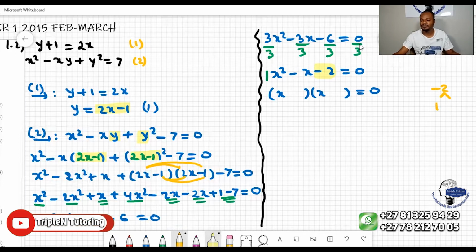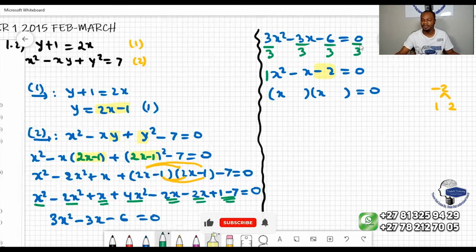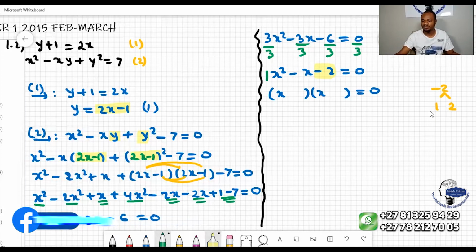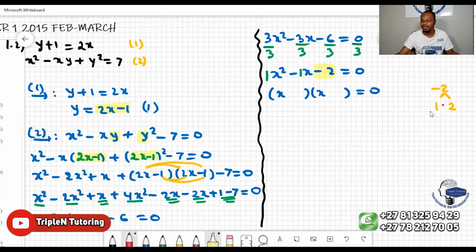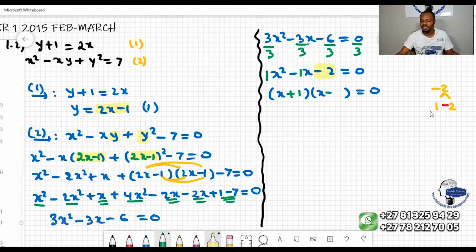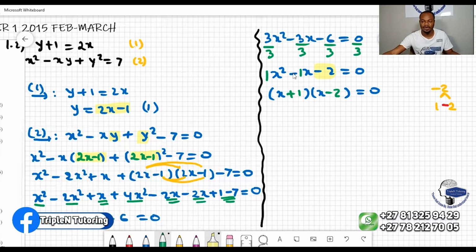Now, how can we make a sum with 1 and 2 equal to -1, the coefficient of x? This is possible when we do 1 minus 2, meaning in the brackets we have +1 and -2. Of course, 1 times -2 makes -2, and 1 minus 2 makes -1.